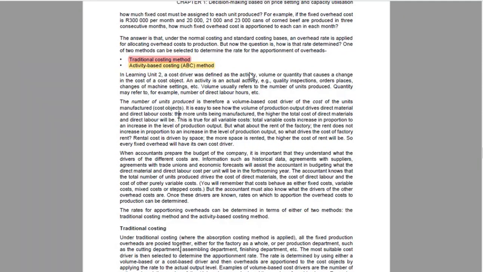So do you guys see the difference between how using the traditional costing method can be so different from when you're using ABC, when we look at the cost driver?